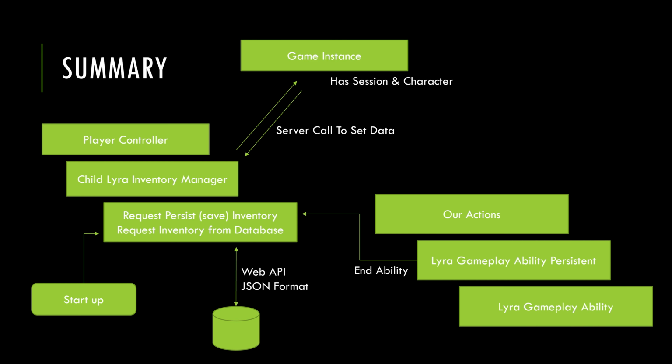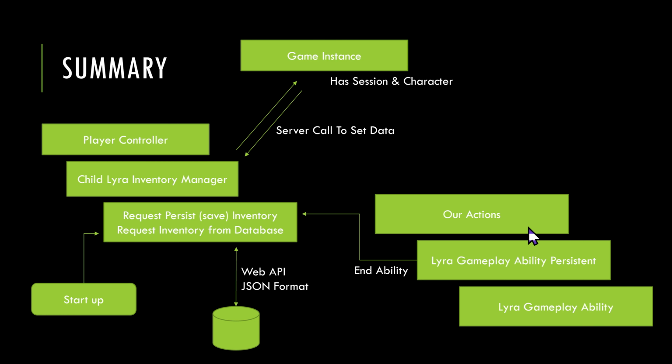At begin play on startup, that inventory manager will request the inventory from the database. It uses a web API and JSON formats to extract the data from the database and populate the inventory manager in the startup state.